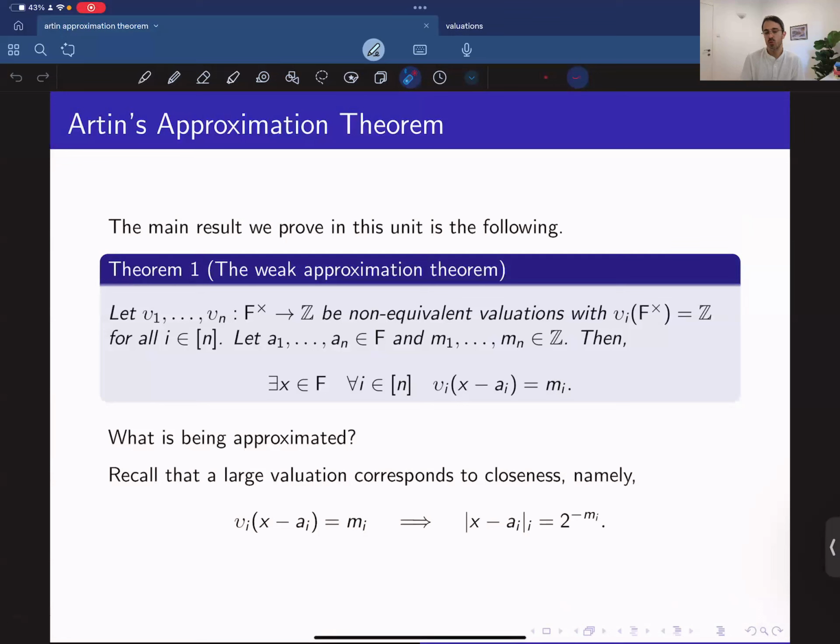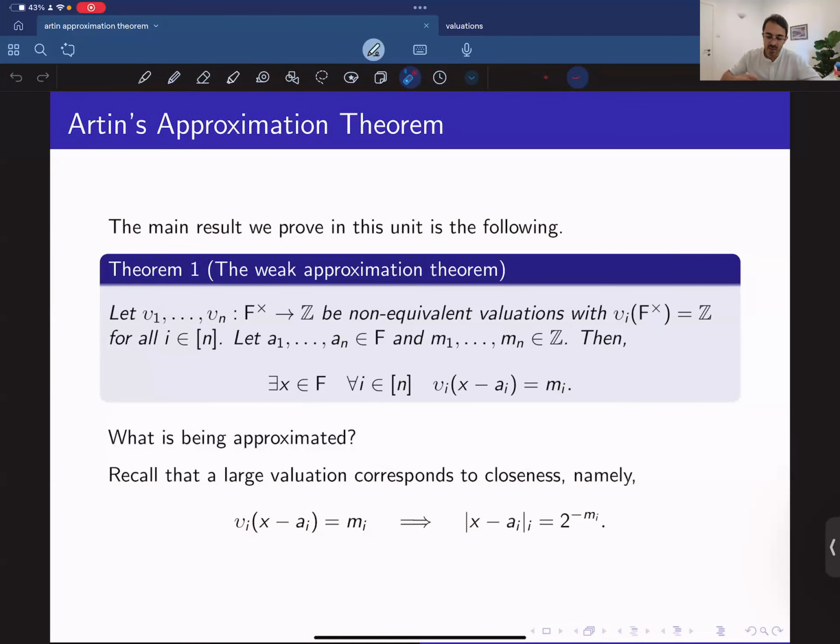So this unit is about one theorem. It's a very useful theorem, essentially a theorem about interpolation. And it says the following. Let's assume you have n valuations, and I'm just going to consider discrete valuations, namely valuations from a field to Z. And I'm going to assume that they are non-equivalent. You should think of them as different points in a sense.